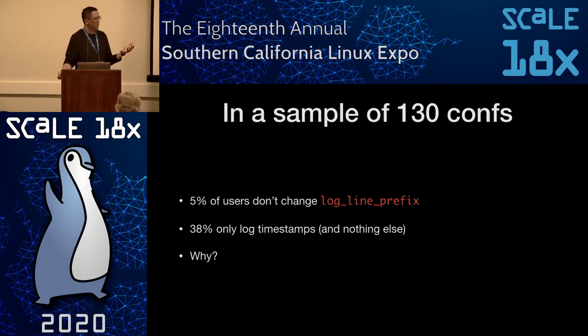You might wonder, if the default is a timestamp and a PID, why are some people doing only timestamps? Well, that's because at EnterpriseDB, we ship our own version of Oracle-compatible Postgres, and we set that default as just a timestamp. So if 38% are using only timestamps, that means those people are not even changing log_line_prefix anyway. So I'm guessing somewhere around half of the people don't even touch log_line_prefix.